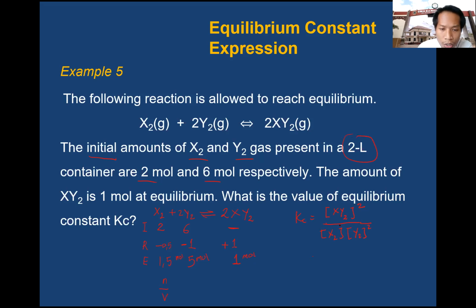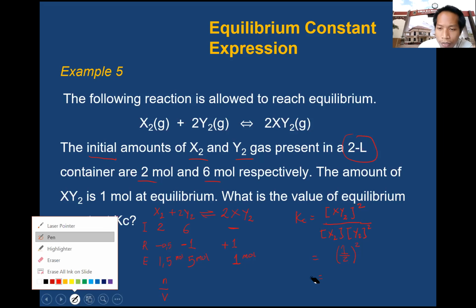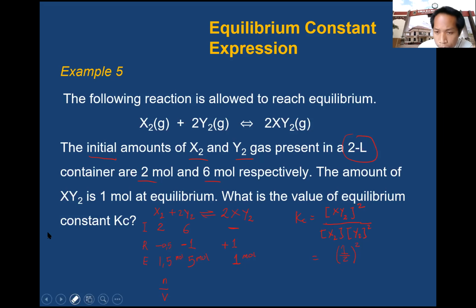So I can write XY2 at equilibrium is 1 over 2, squared, over X2, which is 1.5 divided by 2, because we have to change it into concentration, times Y2, which is 5 moles, 5 divided by 2, squared.